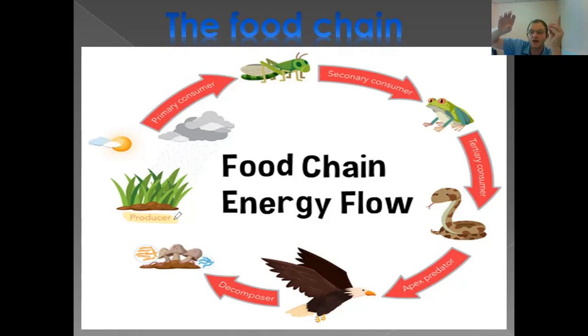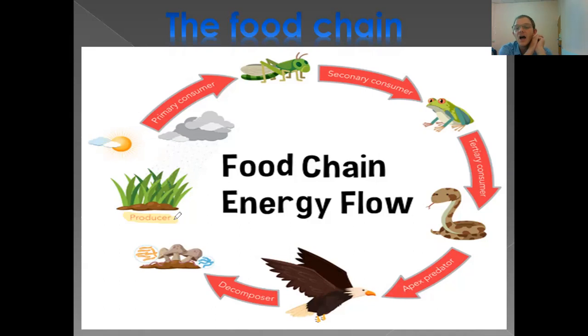So maybe we have a grasshopper. The grasshopper eats the leaves or the grass, and the frog will eat the grasshopper. So now our primary consumer is also creating a food source for the next one. So the second one eats the grasshopper.